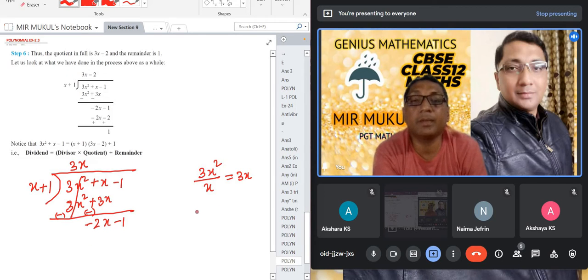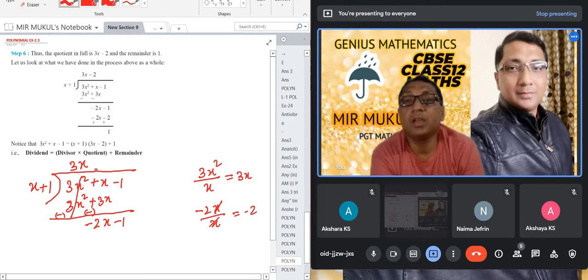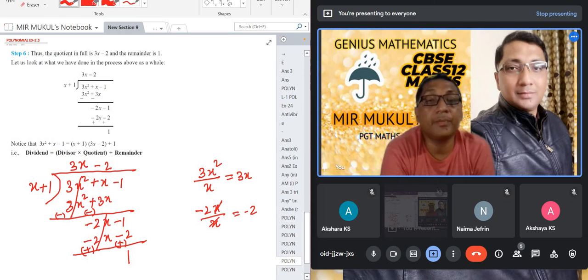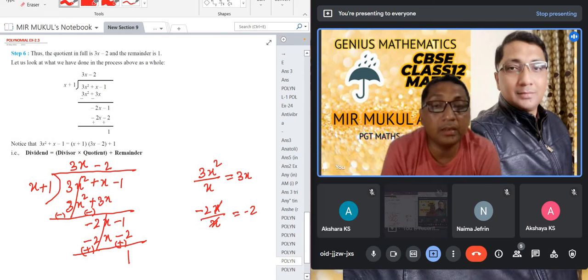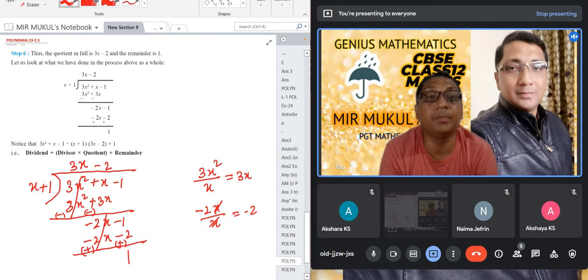Then again divide the first terms, minus 2x and x, we get minus 2. Multiply minus 2 with x, minus 2x, then minus 2 into 1, minus 2. Again subtract, here plus sign, here plus sign, this will be cancelled, then the remainder we get is 1. But this is a very lengthy process.